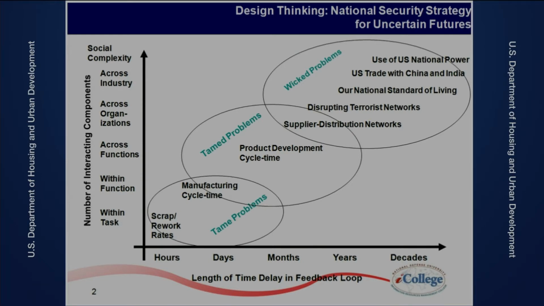I like to characterize wicked problems as those that have this feature called dynamic complexity. There's a couple ways to think about dynamic complexity, but what we're faced with in most cases in the federal government or even state and local government is the idea that we're actually working with a large number of players, or in systems thinking we call them agents.